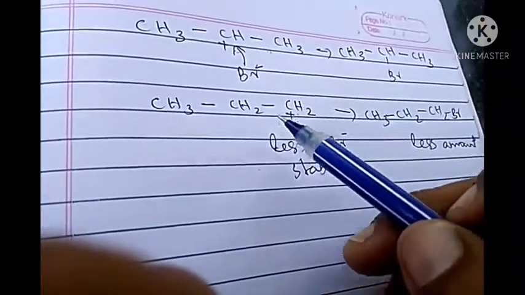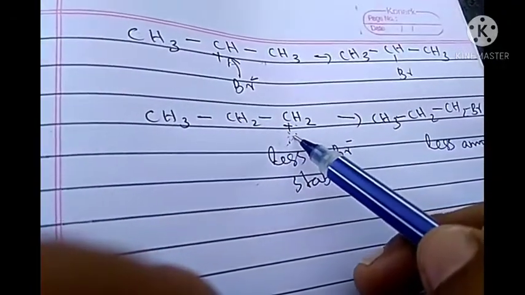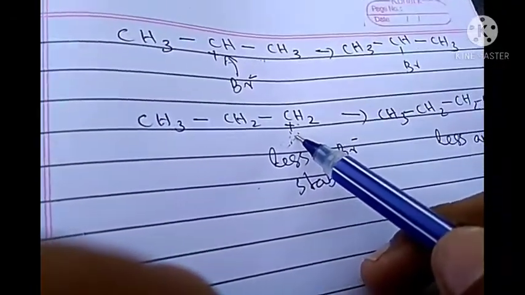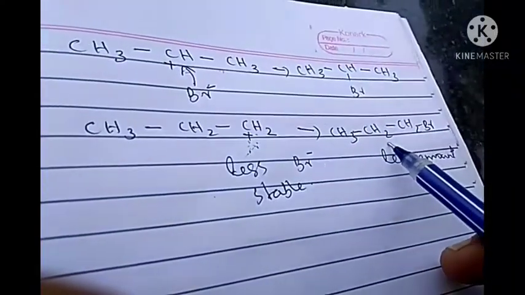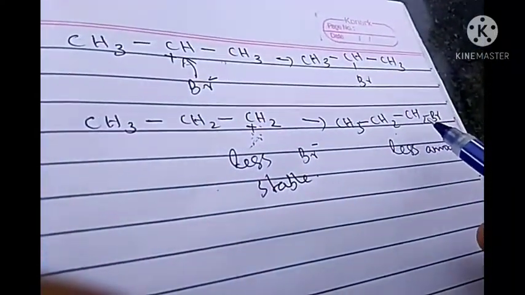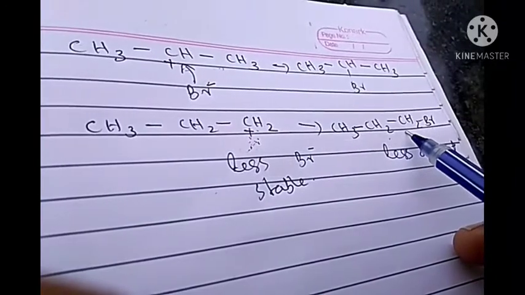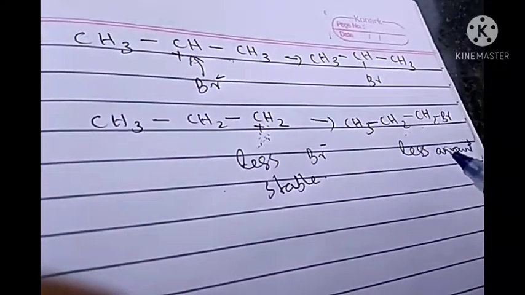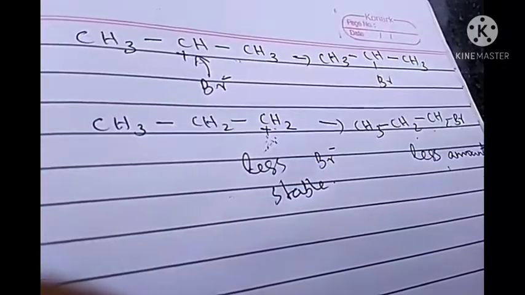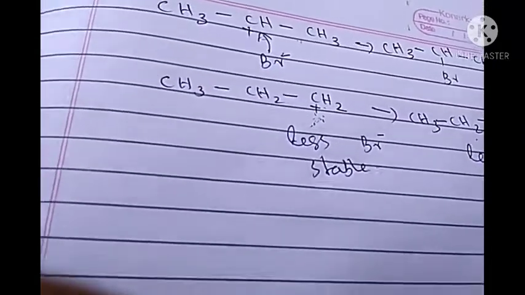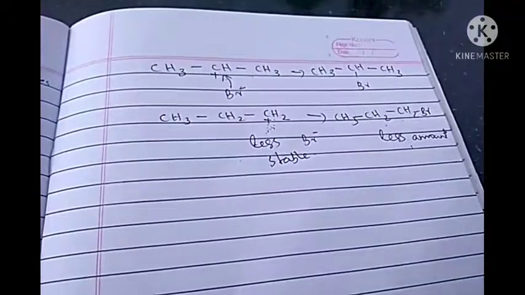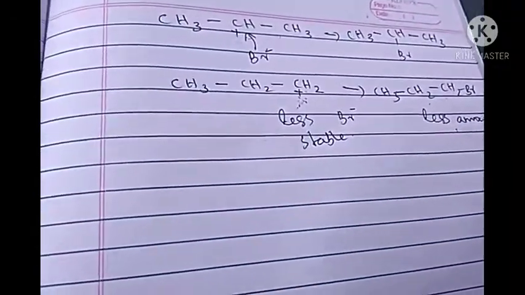Since this is a less stable carbocation, it is formed very slowly and it will be lesser in amount. So the product in which the bromine atom is attached to the primary carbon atom will be lesser in amount. Hence this is the mechanism of addition of hydrogen halide to the unsymmetrical alkene. It takes place according to the Markovnikov rule.